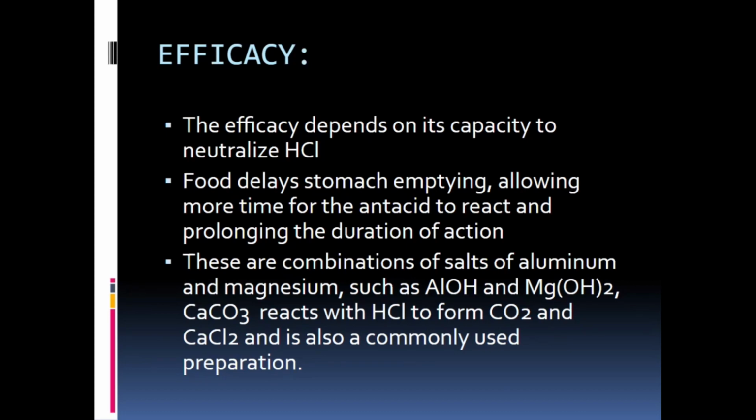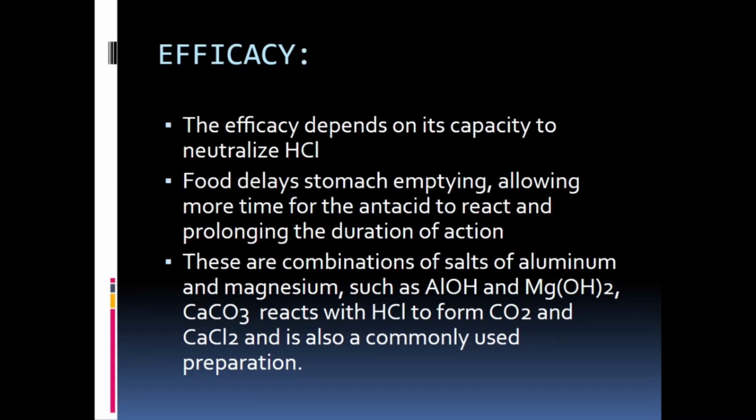Among the list of antacids which we discussed in the previous slide, there were 2 main antacids which are commonly used nowadays: aluminum hydroxide and magnesium hydroxide. Magnesium hydroxide is responsible for causing diarrhea. That is one of the important adverse effects of this type of antacid, while aluminum hydroxide has the opposite effect, inducing constipation.